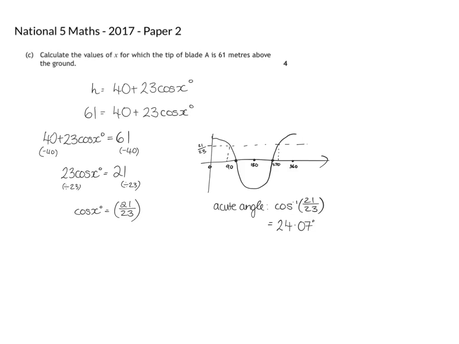So we have two values for x. Our first one, between 0 and 90, is 24.07 degrees. Then for our second answer, we start at 360 and go backwards. Because of the symmetry of our graph, whatever we go forward from 0 is the same as going backwards from 360. So our second one is 360 degrees take away my 24.07.